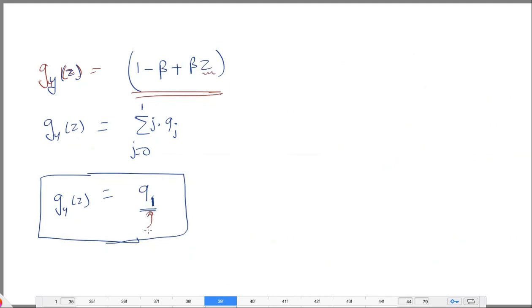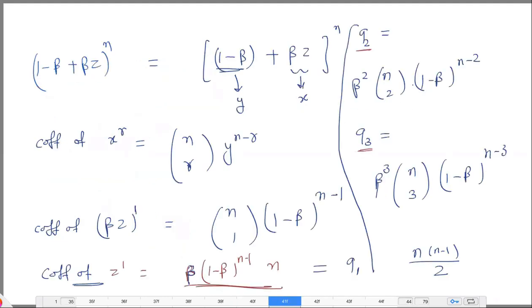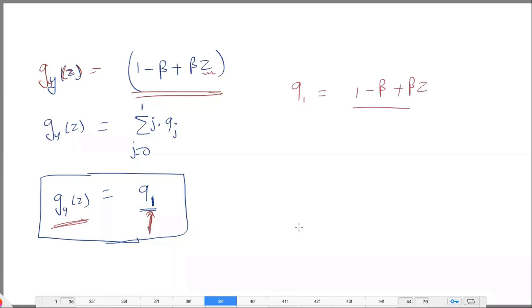In that case, since q1 and these are equal, right? Gyz is this, gyz is this. So q1 is just 1 minus beta plus beta z. Let me just compare what q1 we got earlier. So this is the q1 we got earlier. If you just put n equal to 1, then it should be beta only, right? It should be beta only. So here I'm getting 1 minus beta plus beta z.